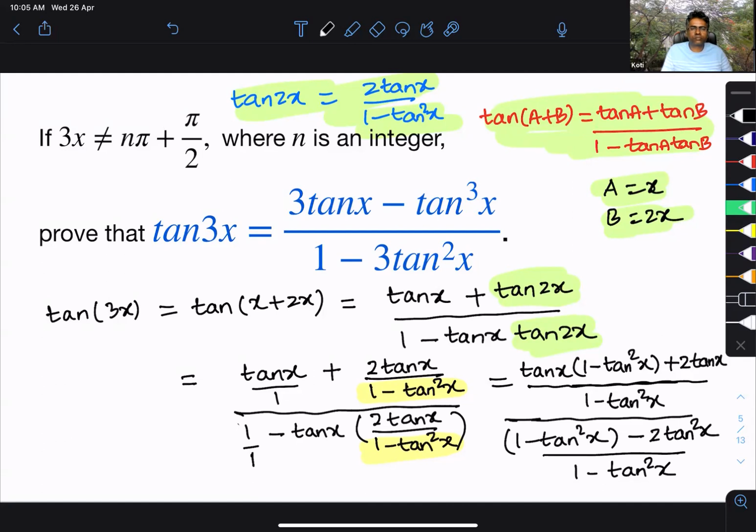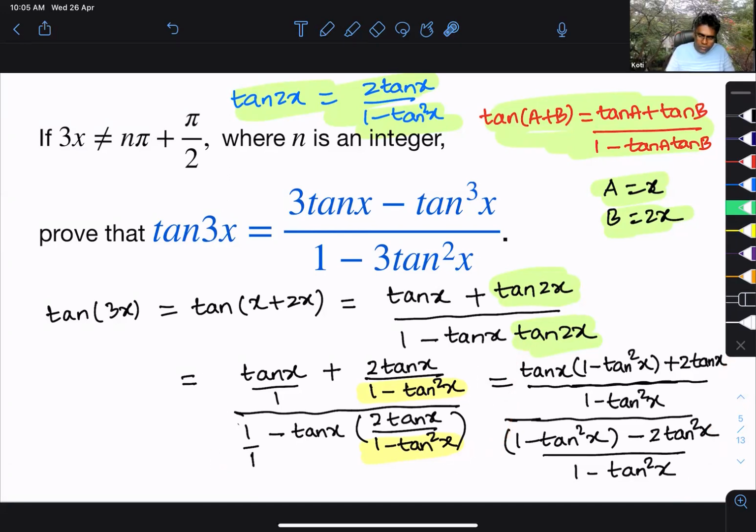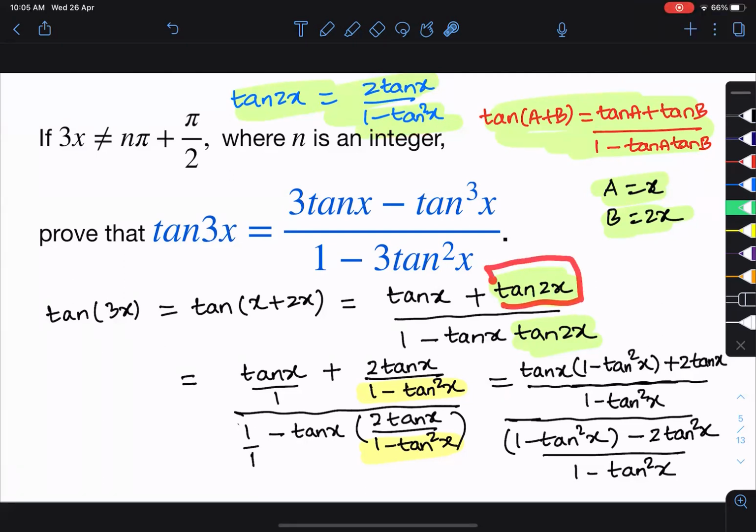Sir, can you explain the third step? Okay, the third step, you mean this one? No, sir, the second step. Okay, this one. Yes, sir. What I'm trying to do is, look at this tan 2x. Tan 2x is 2 tan x by 1 minus tan square x. Wherever you have tan 2x, I have substituted.